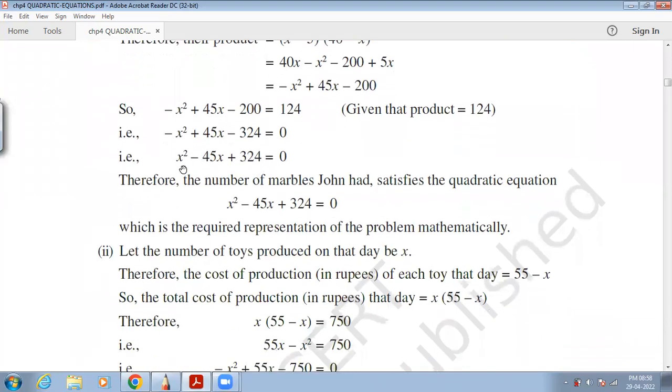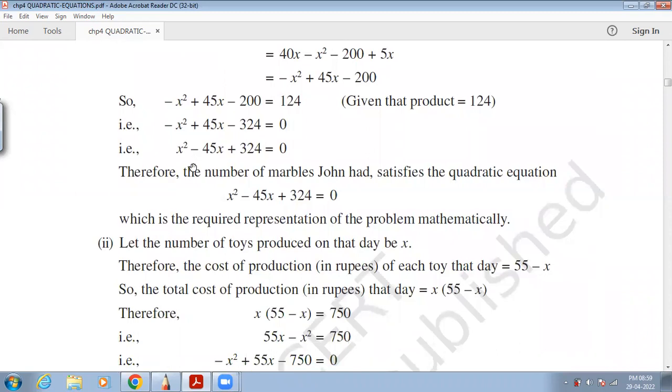They took 124 to the left hand side, so you get minus 200 minus 124, which is minus 324. Then they multiplied both sides by minus 1, so all the negative terms become positive and positive become negative. So it becomes x squared minus 45x plus 324 equals 0. This is the final quadratic equation in the standard form.